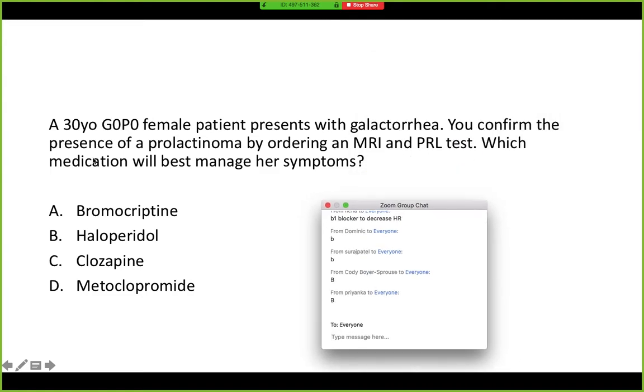Okay, so a 30-year-old G0P0 female, so gravida 0, para 0, so she's never been pregnant. She presents with galactorrhea. You confirm the presence of a prolactinoma by ordering an MRI and prolactin test to confirm the elevated prolactin. So which medication are you going to give in order to manage her symptoms?